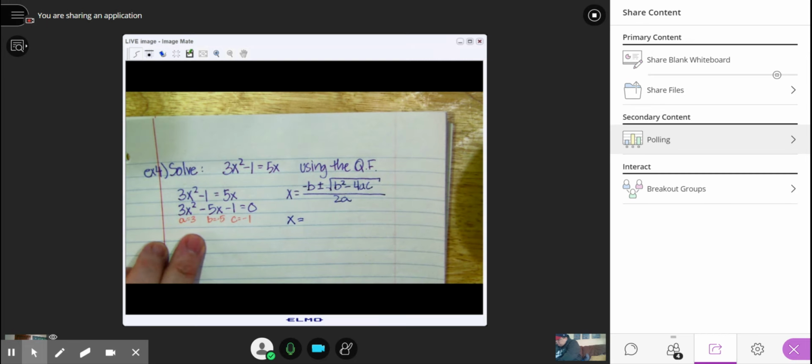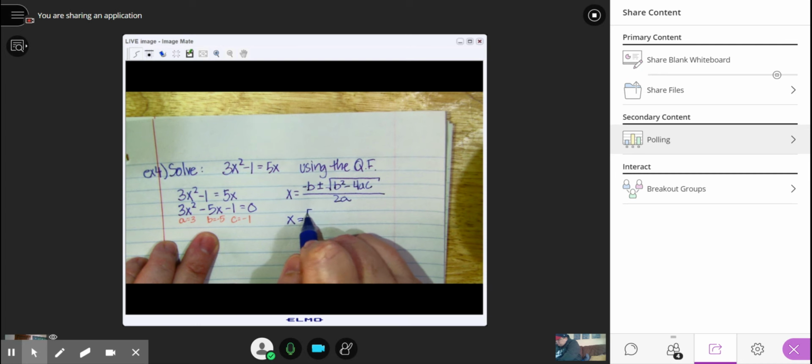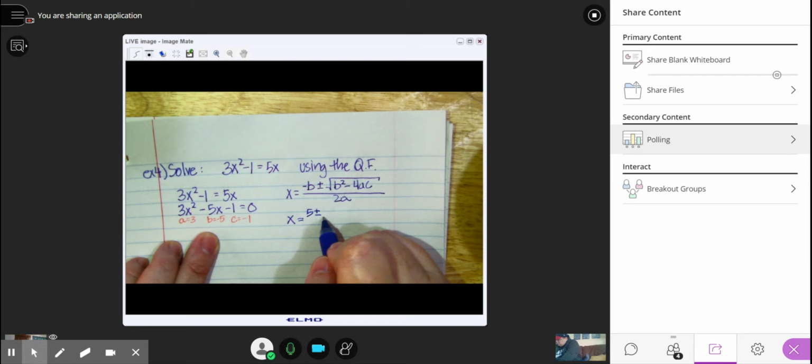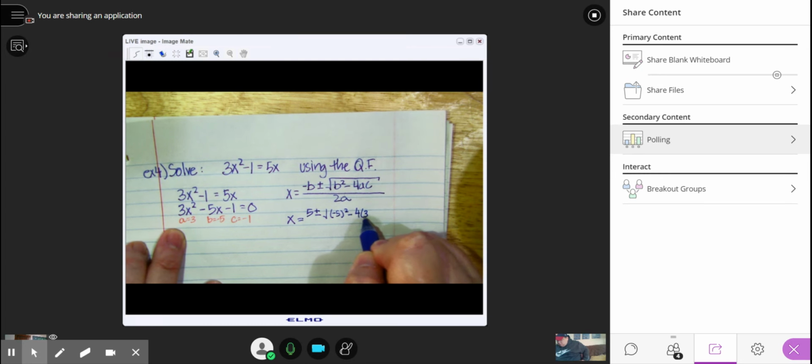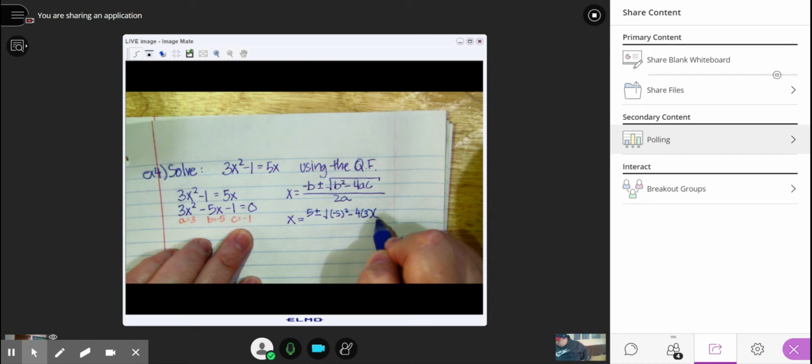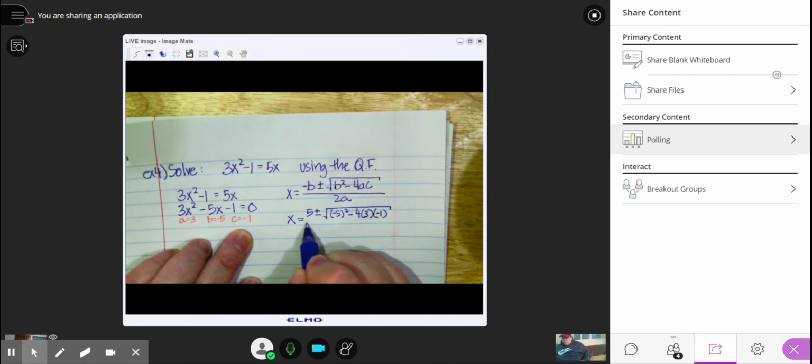Okay, the opposite of negative 5, 5, plus or minus negative 5 squared minus 4 times 3 times negative 1, all of this over 2 times 3.